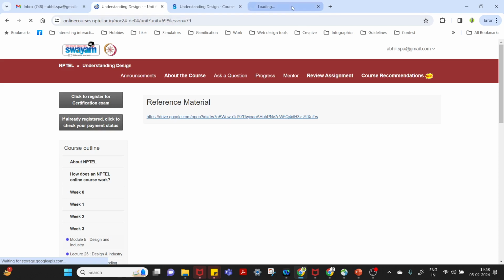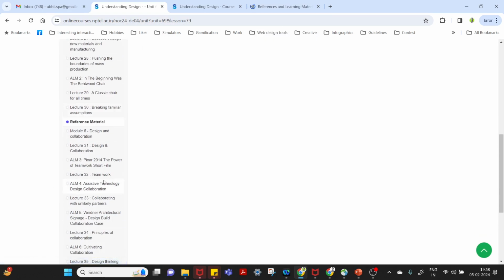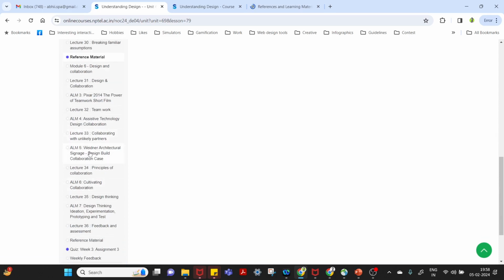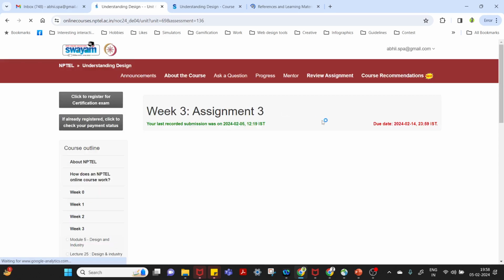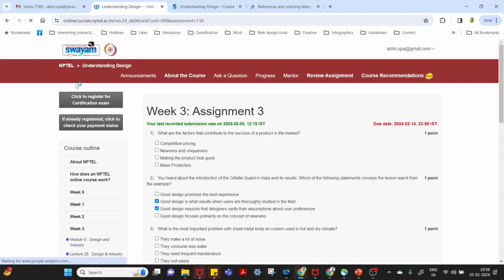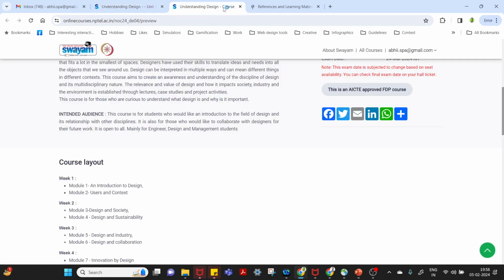And this link will lead you to a place where you will find a Word document which you can download, and you can refer to it for quite a long time. You see a lot of lectures, a lot of modules, and then you have the quiz, right? If you click on the quiz, as I mentioned, the deadline is 14th. Yes, you can see the deadline.